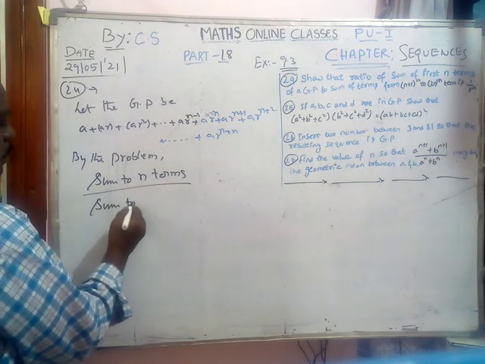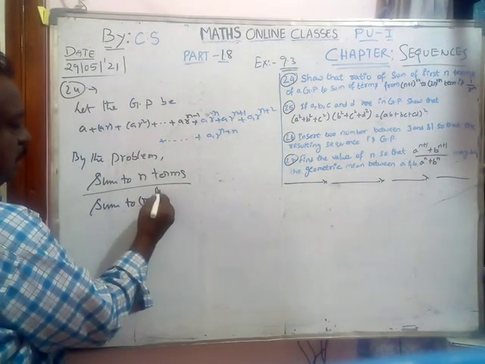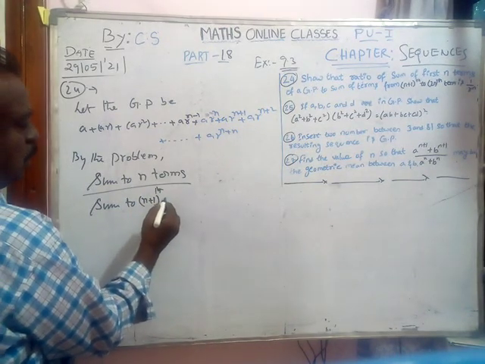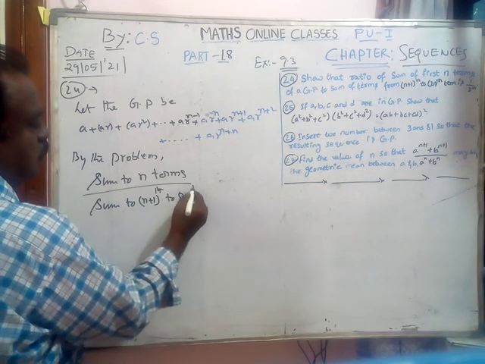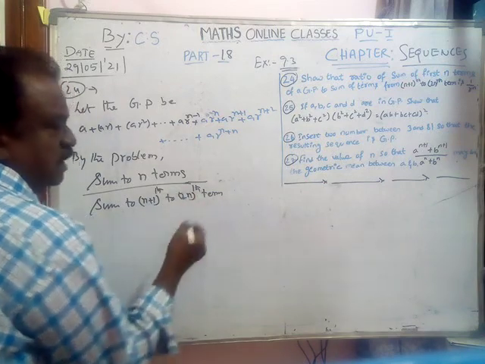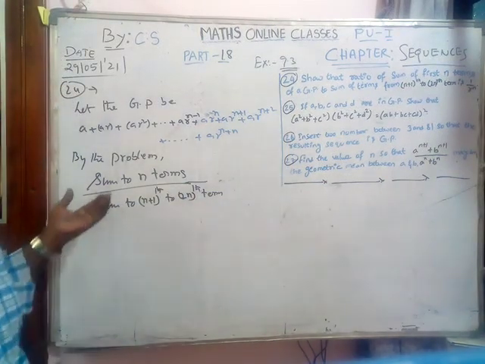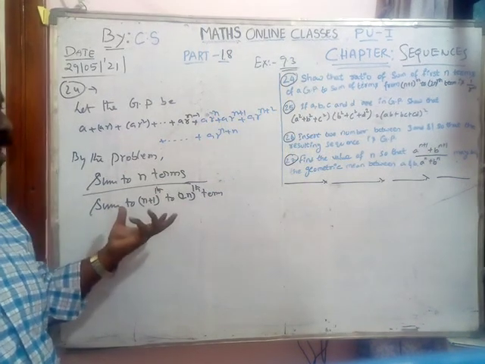It is a sum to n plus 1th term to, okay na, 2nth term, or simply the next sum to n terms. Sum to n terms, next sum to n terms. Simply we may write it as.